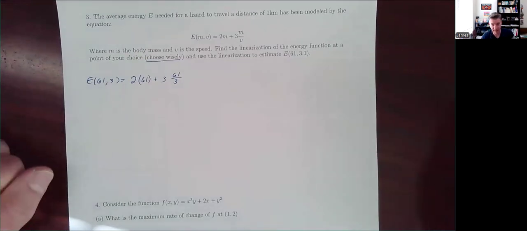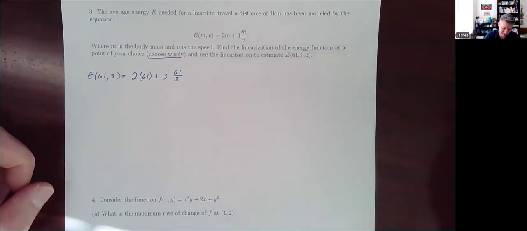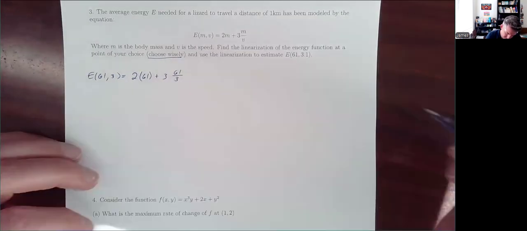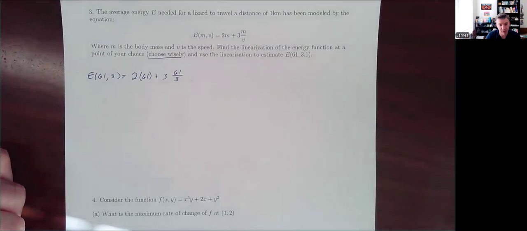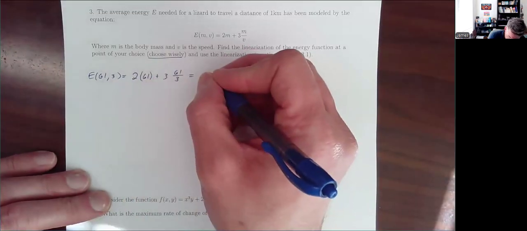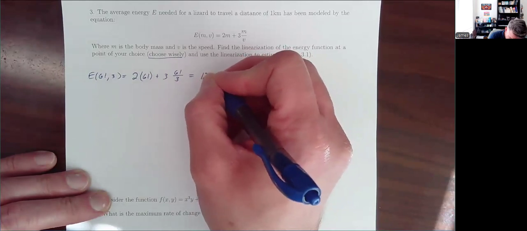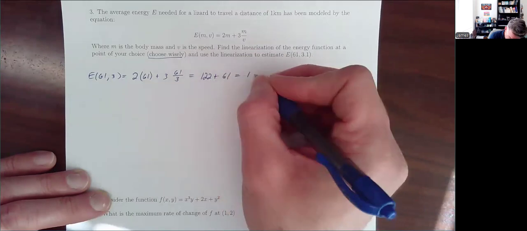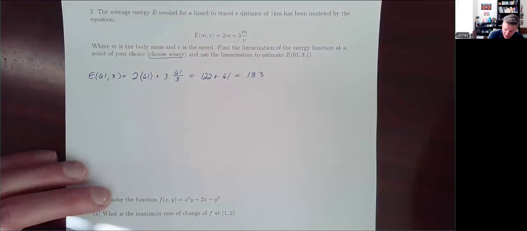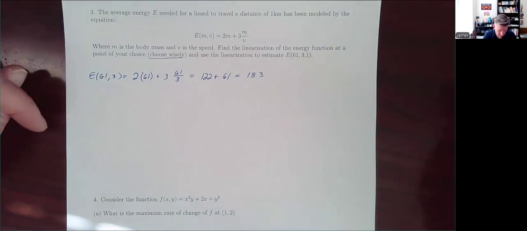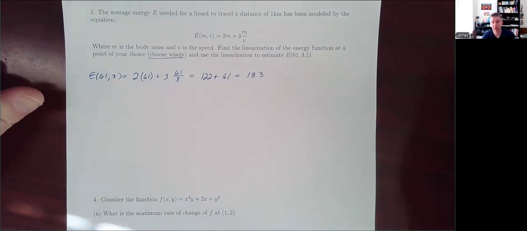I was thinking of making a different choice, but the 3 cancels out super easily. Fine, we'll do it that way. So 2 times 61 is 122, and then plus another 61 is going to be 183. I was really thinking I was going to plug in 60 instead of 61. But 61 probably is going to work out just fine.